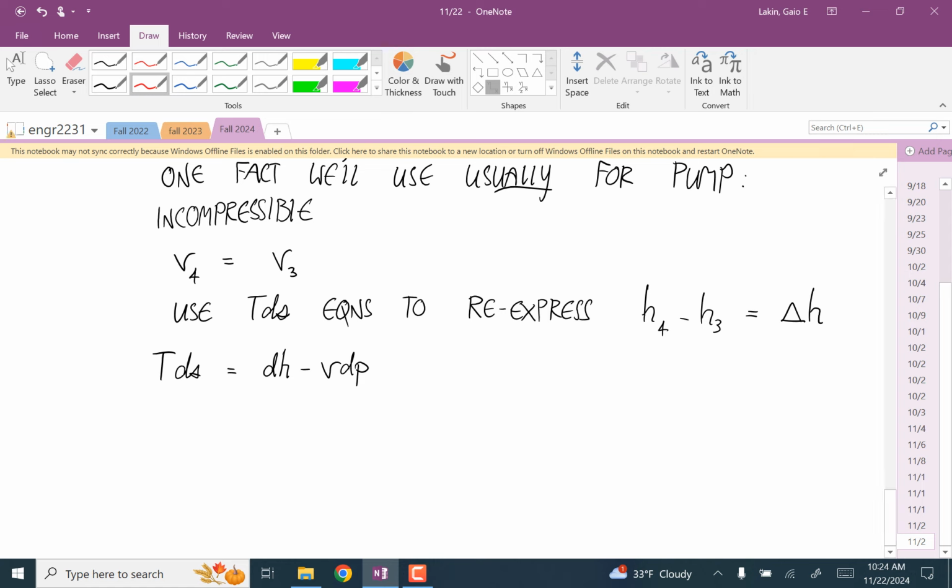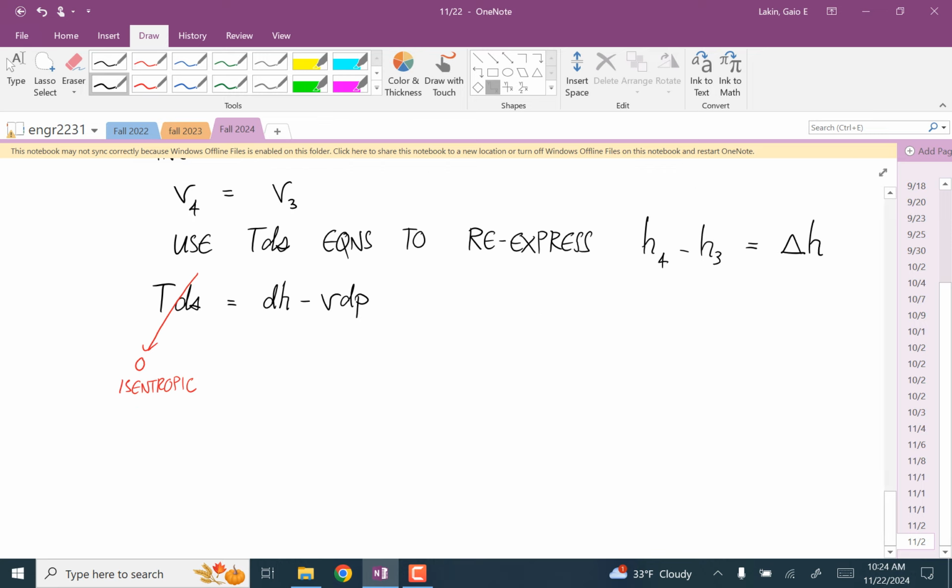Isentropic, right. So isentropic means that this goes to 0. And so we have that 0 is equal to dh minus v dP. Or in other words, dh is equal to v dP.